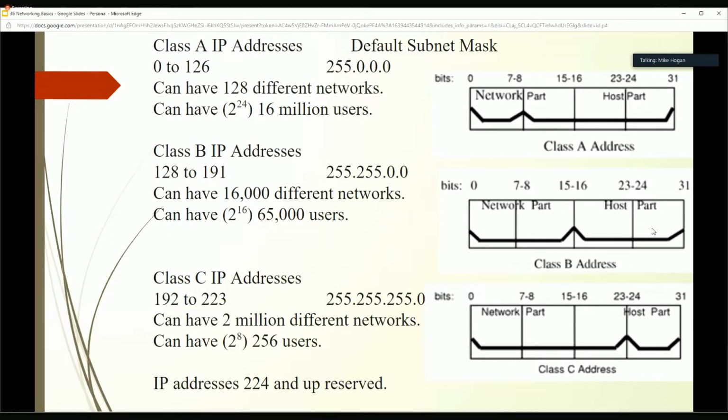Now, what that means is I've got more bits representing networks, so I could have more of those networks. But on each individual network, I'm going to have fewer hosts than I had before. Still a lot of hosts, but fewer than before, because instead of having 24 bits as I did in Class A representing hosts, now I've got 16 bits that are going to represent unique hosts on any given network.